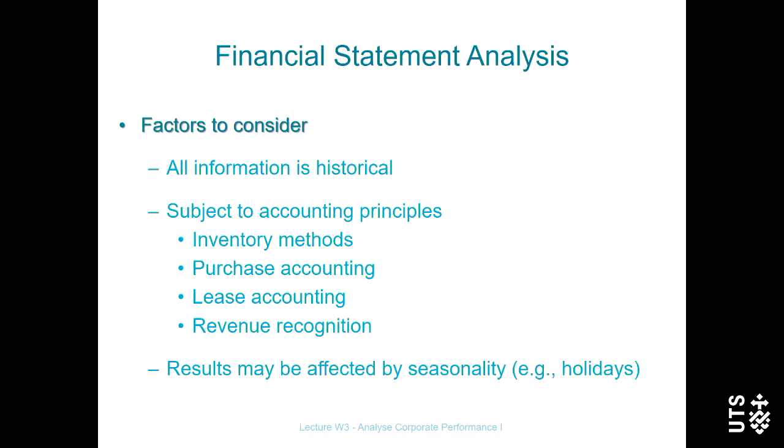Why do I say that not 100% of the information is historical? Well, you have information about management's prospects and what they think the future of the company would look like. Different companies do this differently, but in all of them you will have some idea given by management of where we're heading and how we're doing things.